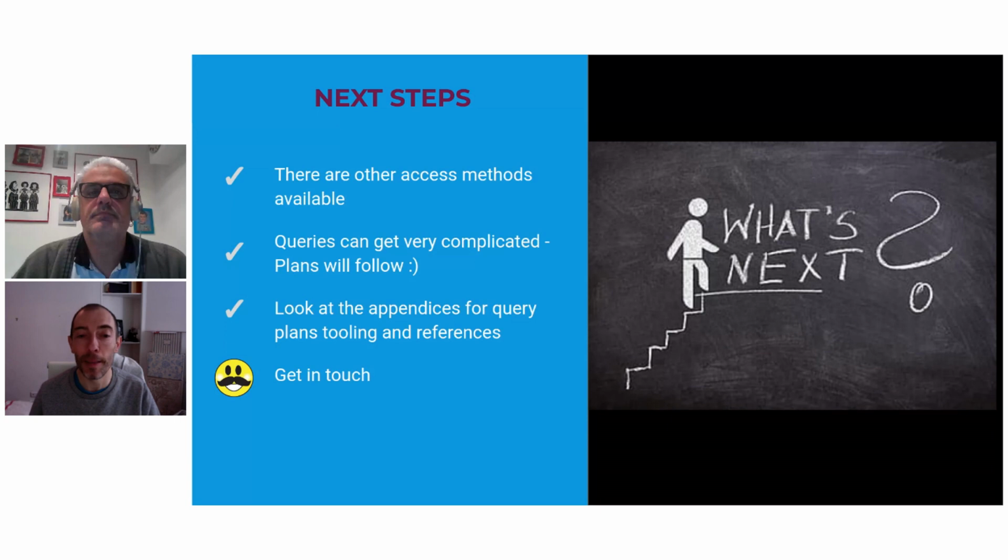We put in the appendices of this presentation some query plan tooling that you can use to display your query plans graphically, in a more sympathetic way than the command line, if you prefer. And we put a lot of references that we have used during the presentation.